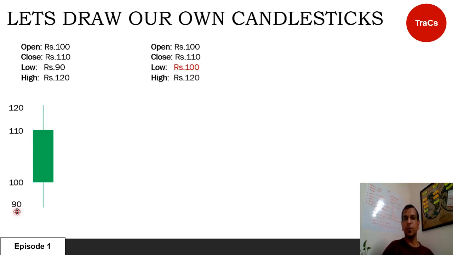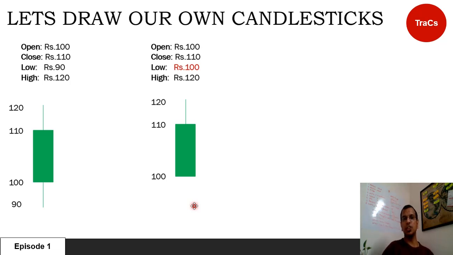Here, the low price is same as the open price. In this case, how does the candlestick look like? The candlestick would have the body between the open and the closed price, but if you observe compared to the previous one, there is no lower shadow, and this is something different.